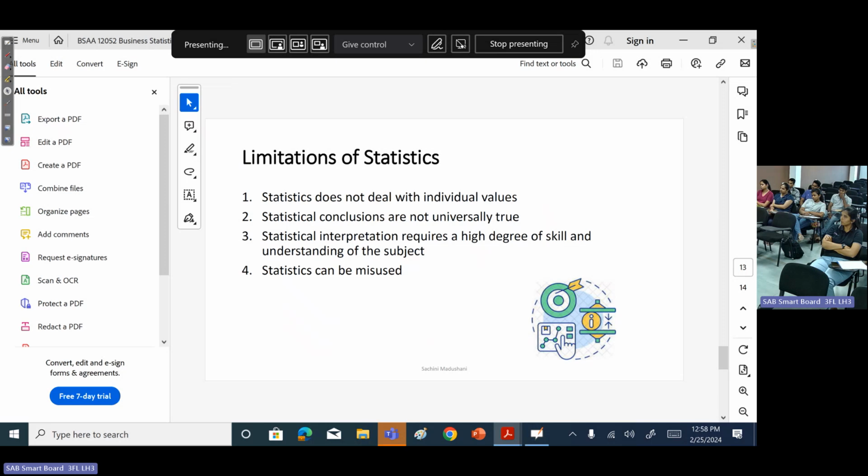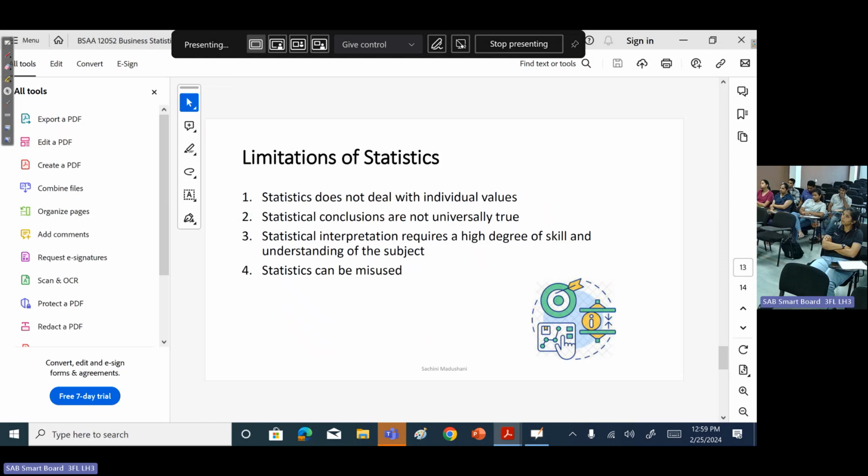Another one is that statistics does not deal with individual values. We do not consider the values individually. Then another is that statistical conclusions are not universally true. Some conclusions are not universally true.